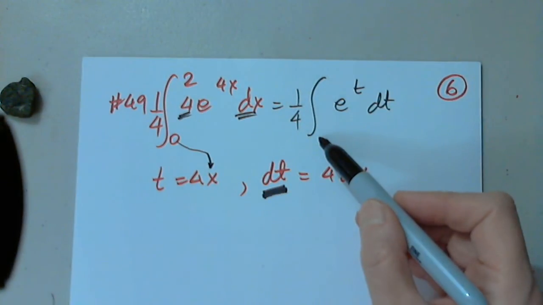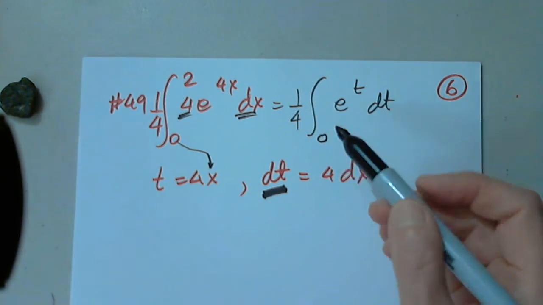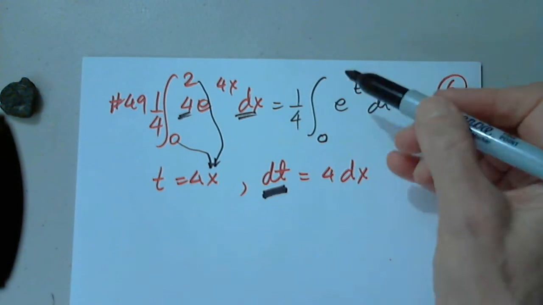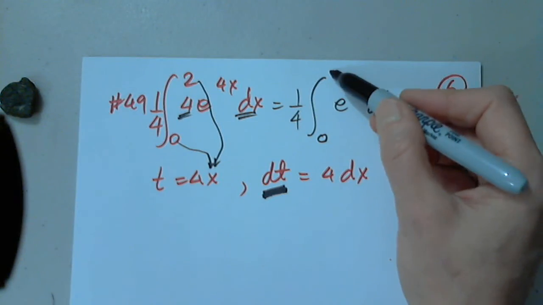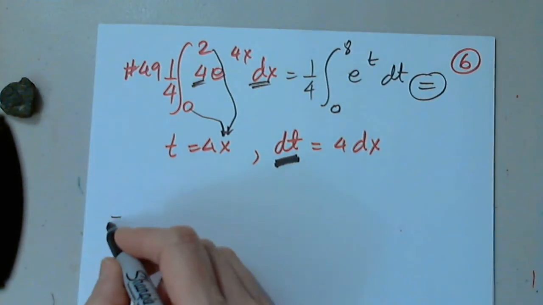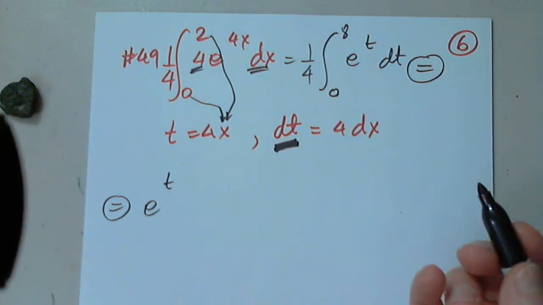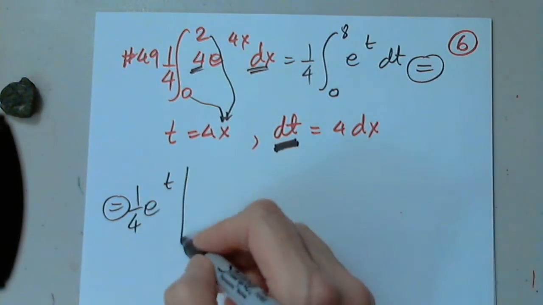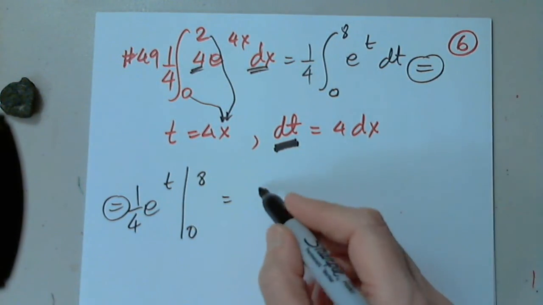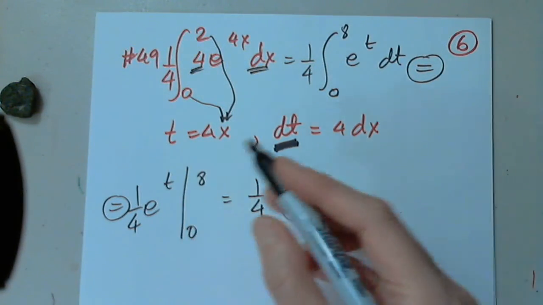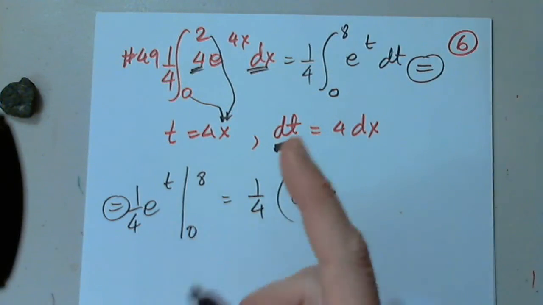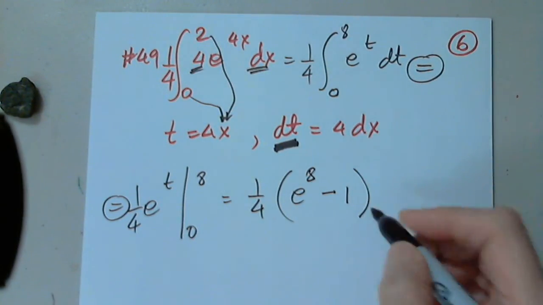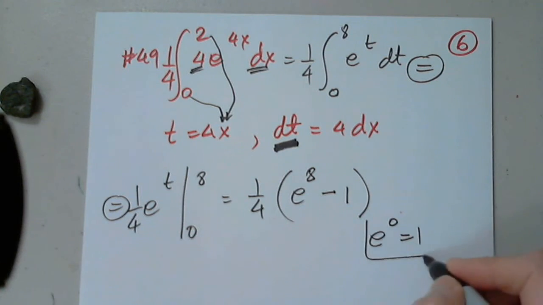What do I get for the lower limit for t? 0. Excellent. What do I get for the upper limit for t? 8. That's it. So then I have e to t with 1/4 in front from 0 to 8. So 1/4, I plug in 8 minus, when I plug in 0, careful, this is not 0, it's 1. So e to 0 is 1.